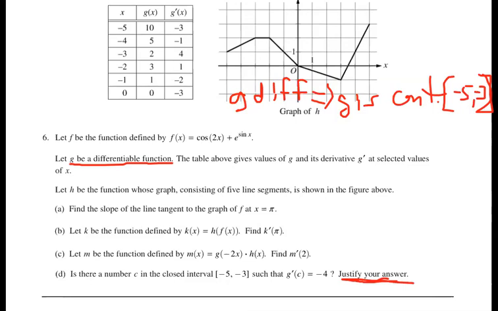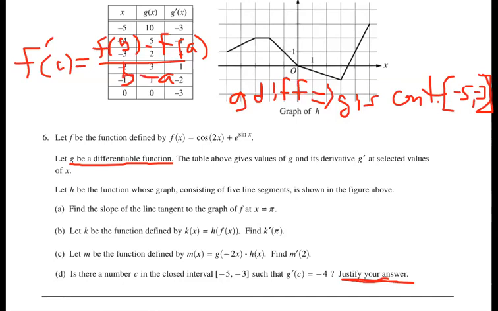If you don't remember mean value theorem, it says there is somewhere where the derivative of some x value is going to equal, and I'm using f, but I probably should have used g because that's what this problem is talking about. There's somewhere where the derivative equals the slope.